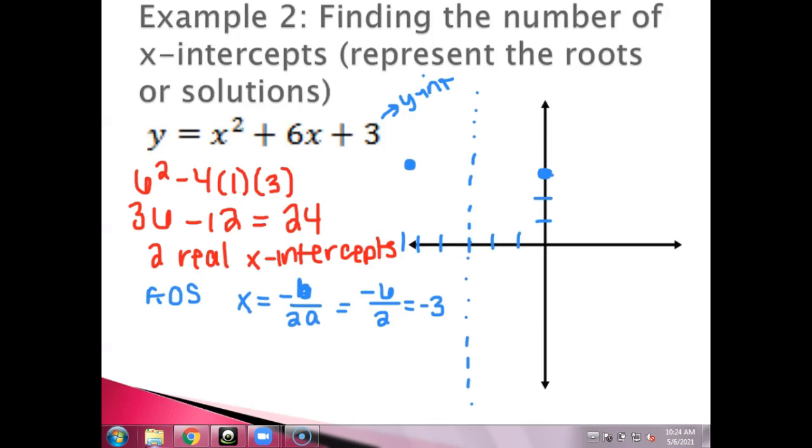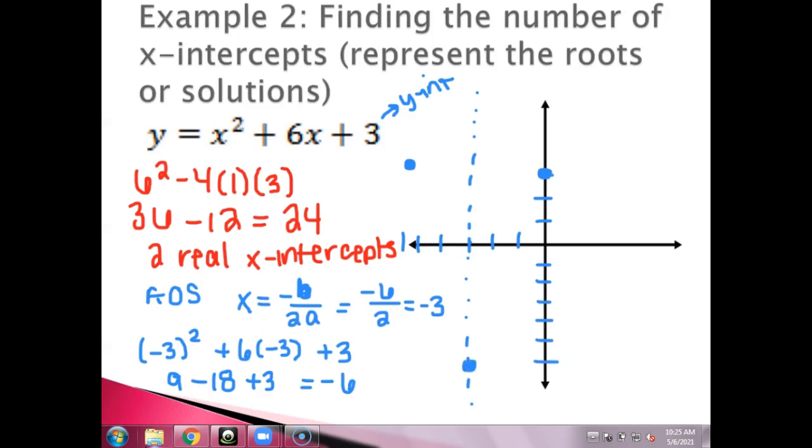Okay, and then you take that number and you plug it back in if you recall that. So we get negative 3 squared plus 6 times negative 3 plus 3, and that will give me the value of the vertex. So there's my graph.